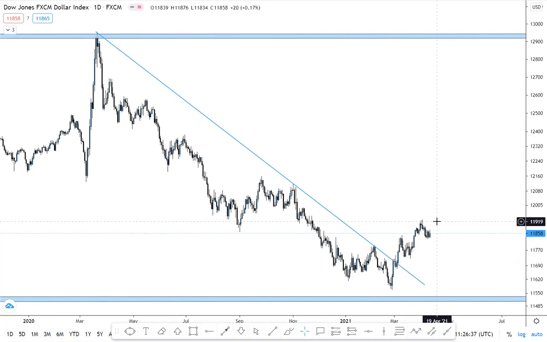So price on the daily is on the verge of forming a potential higher low. But notwithstanding, let's go to the H4 and see how price action is still unfolding.